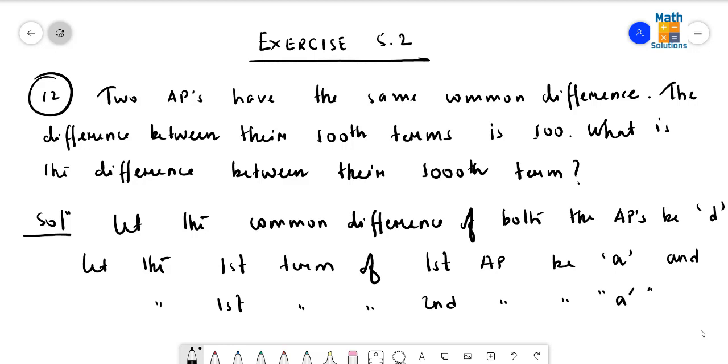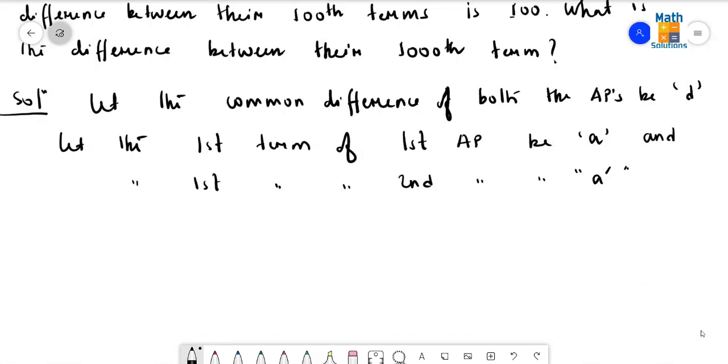Then after, their 100th terms can be written in this way. According to the question, the difference between their 100th terms is given to be 100. So let us consider that the bigger term is the 100th term of the second AP, say a dash 100 minus a 100. Here a dash 100 is the 100th term of the second AP and a 100 is the 100th term of the first AP.